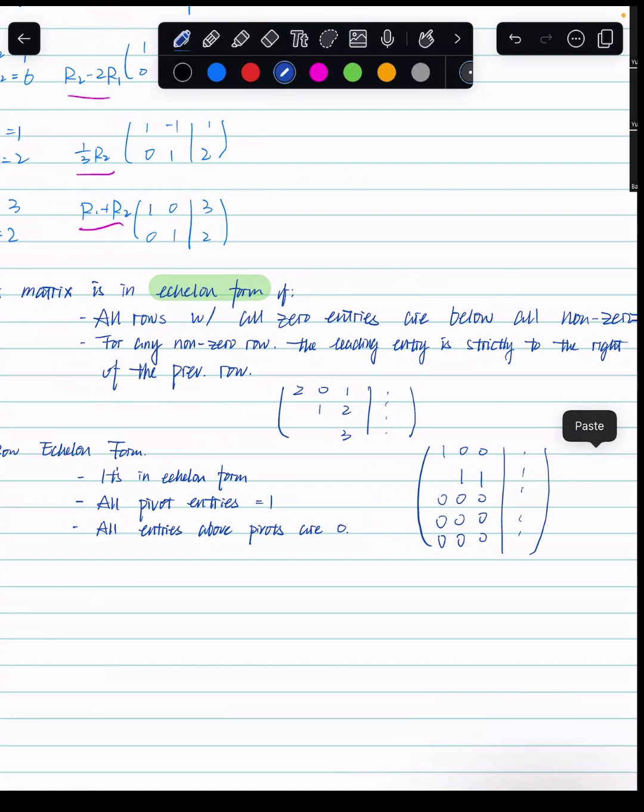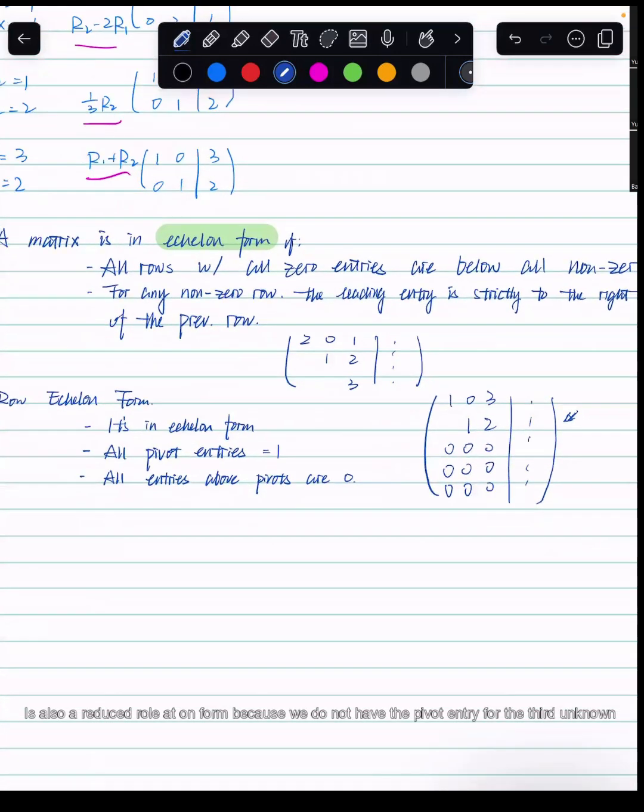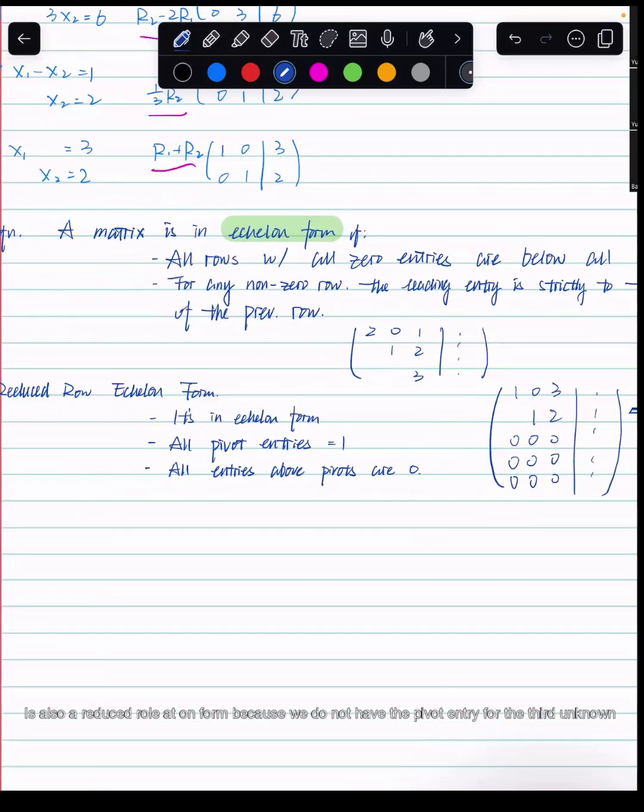In this case, it means that we don't have the unique solution we want. Or it could be, even things like this is also a reduced row echelon form because we do not have the pivot entry for the third unknown.